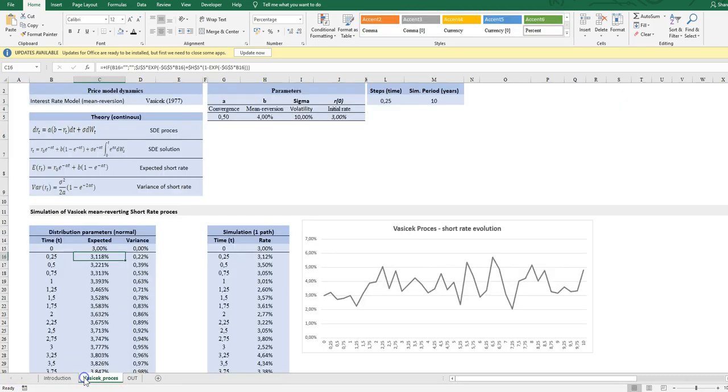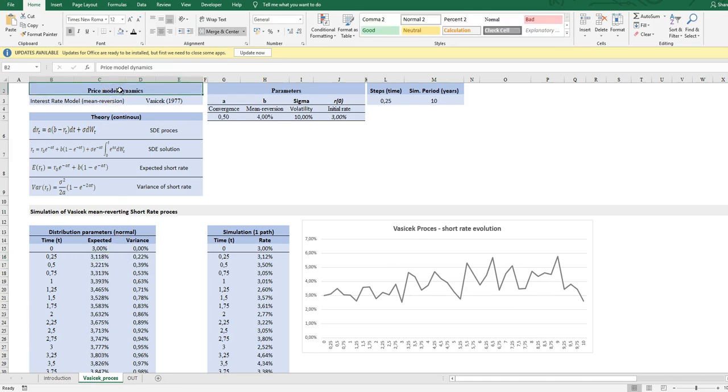Alright, let's just kick off by presenting some statistical features of the model. The Vasicek model, and ultimately the Vasicek model's ability to price interest rate contingent products, is based on this continuous stochastic differential equation.